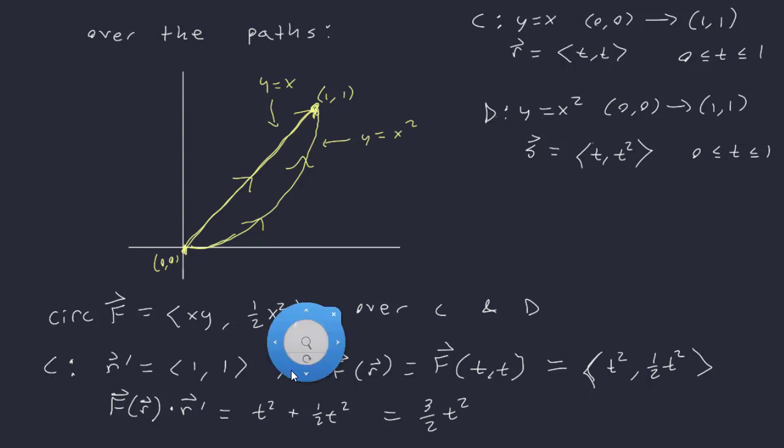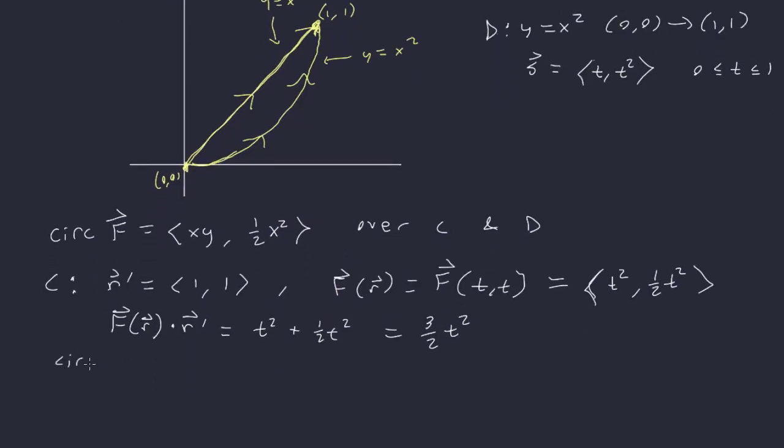All right, and then from here, the circulation over C will be the integral of F dot T ds, or the integral from 0 to 1 of this thing, 3/2 t squared dt. Okay, so when we integrate this, thankfully the 3 is going to cancel, so we'll actually just get 1/2 t cubed from 0 to 1, and we get 1/2.